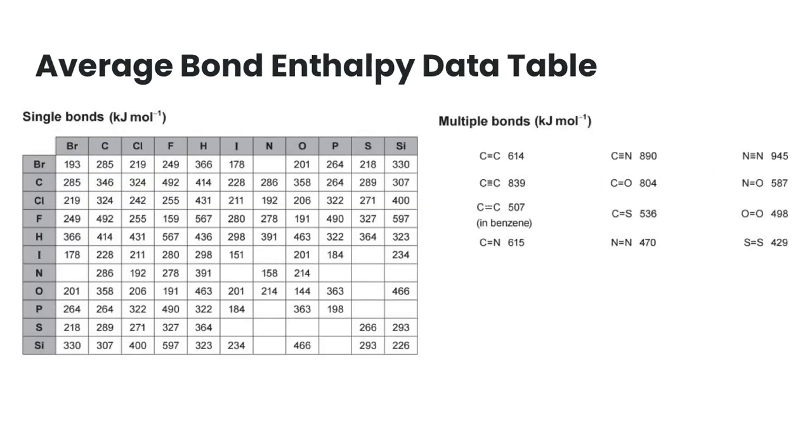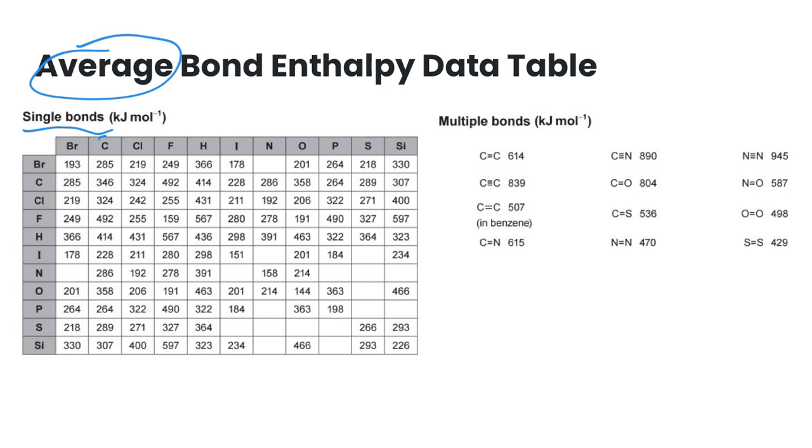Now, there are tables of values of average bond enthalpies. We're going to talk about the average part momentarily. But just taking a look at our table here, this first one is for single bonds. The way you read this is you look for the bond you want.